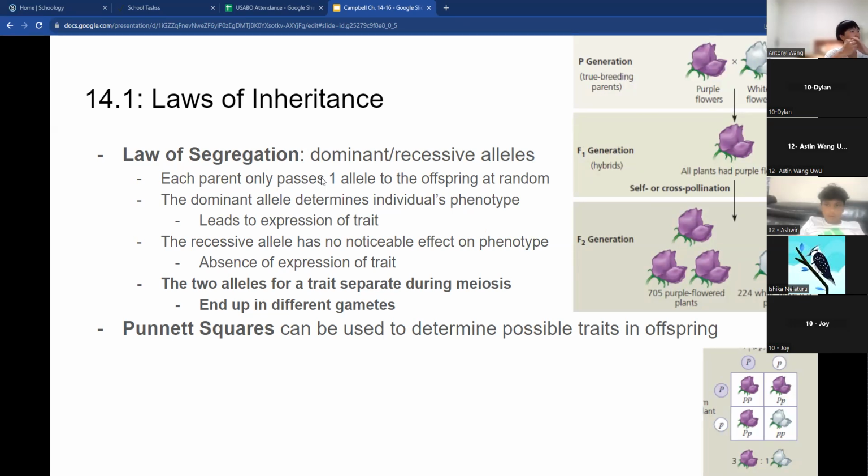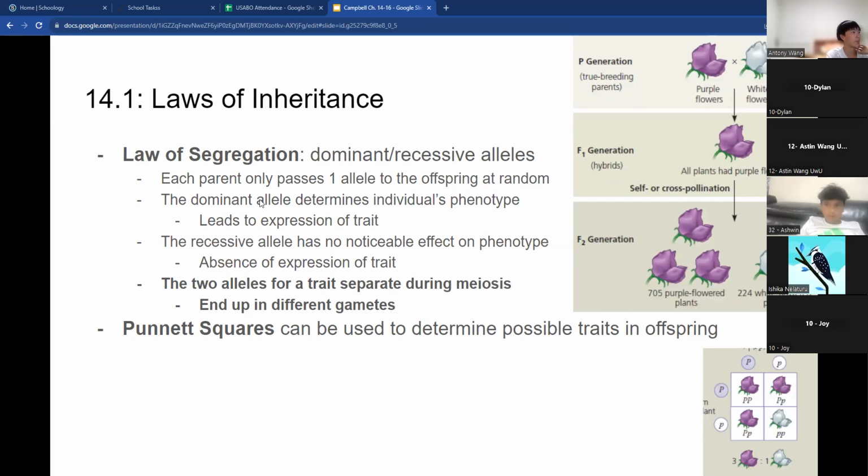Each parent will only pass one allele to the offspring. Because each parent only passes on one chromosome, that chromosome can only contain a single allele. And what that means is the parent will only contribute half of the offspring's genotype.